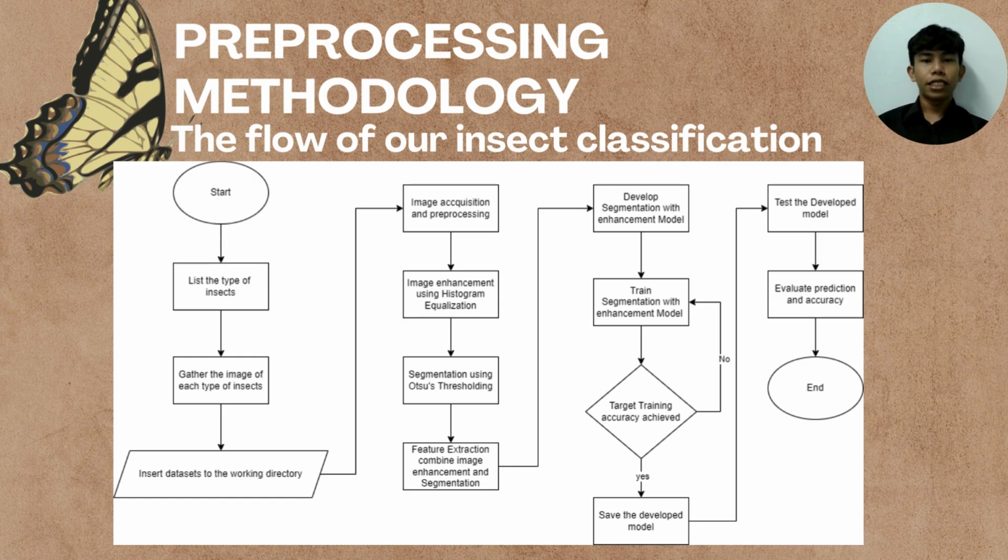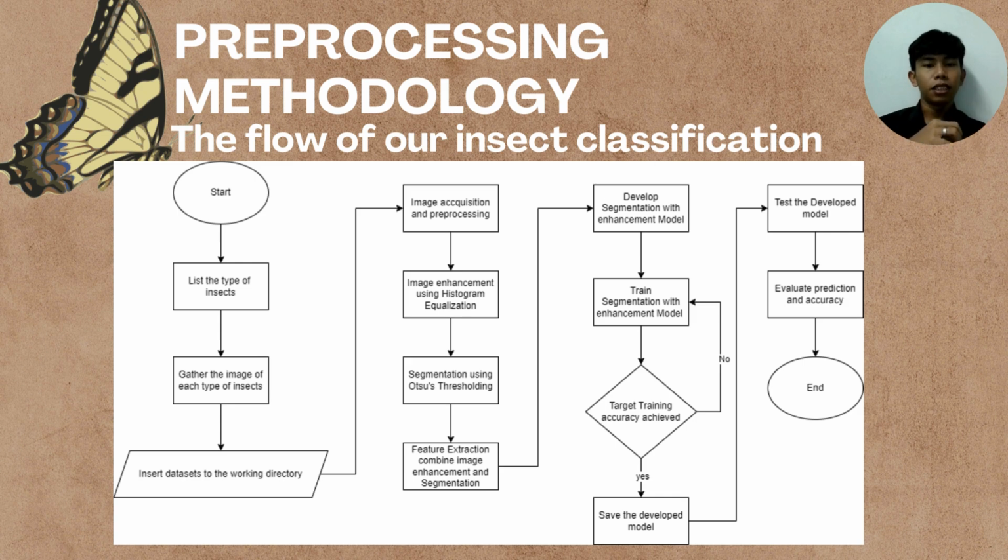This is the flow of our insect classification. First, we list the types of insects and the category of images for each type of insect. Then we insert the dataset into the working directory. Next, image extraction and pre-processing: image adjustment using histogram equalization, segmentation using Otsu thresholding, feature extraction, combining image adjustment and segmentation.